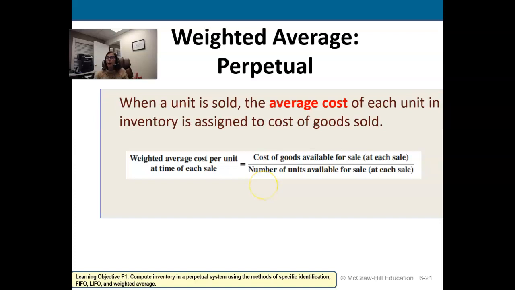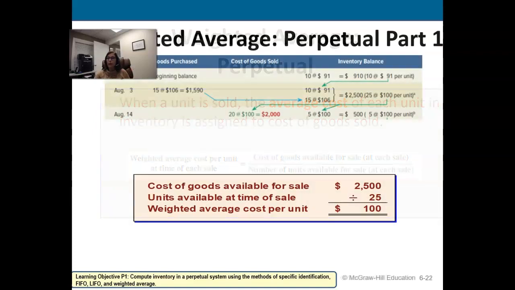Now we get to weighted average, and what we do in terms of weighted average is that we take an average of the cost of goods sold times the number that we purchased at that amount. So we've got cost of goods available for sale, and we're going to do this at each sale, and then we divide that by the number of units that we had available to sell at each sale.